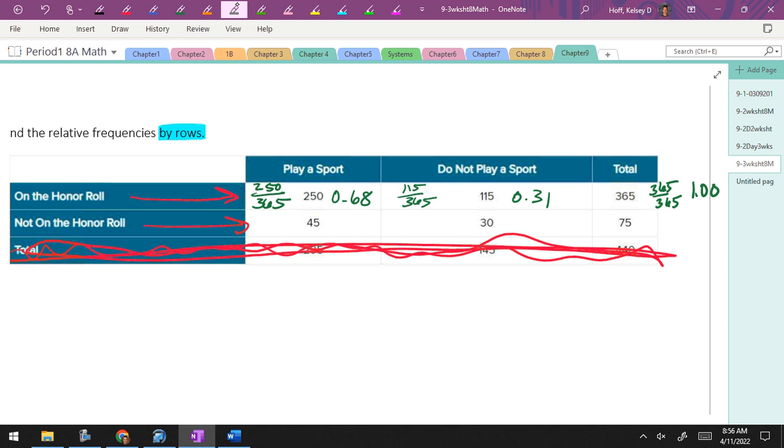Okay, who can tell me the first one? Raise your hand. Liana. 0.60. You should have taken 45 divided by 75. Anybody else get 0.60? Okay. Who's got my next one for me? Allison? 0.40. And you took 30 divided by 75? 0.40? And the last one? 75 divided by 75, 1.00.